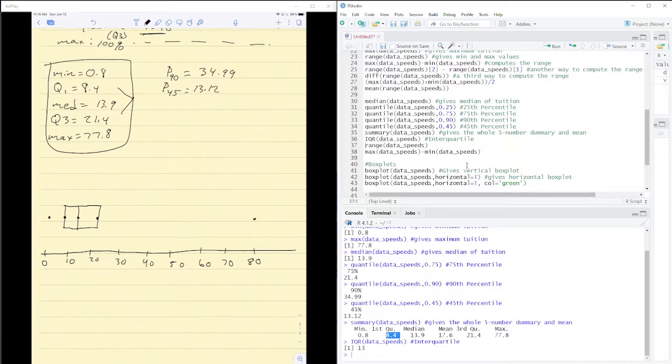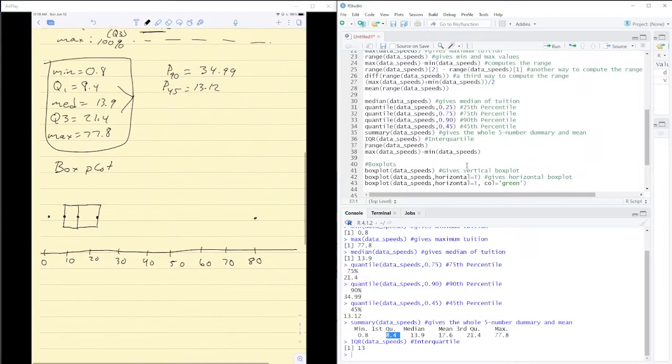So that's the box. Some people call this a box and whisker plot. So this is a box plot. And what the whiskers would be is you connect the box to the min and the max. So notice we have so much going on over here. That's a very large jump.